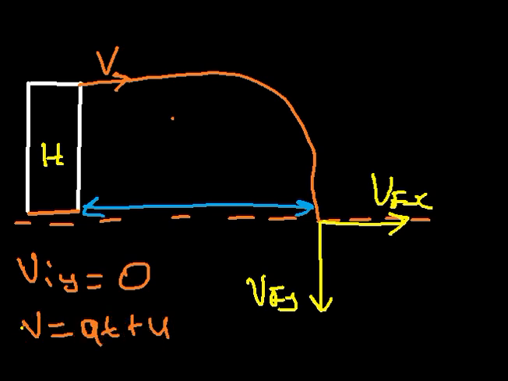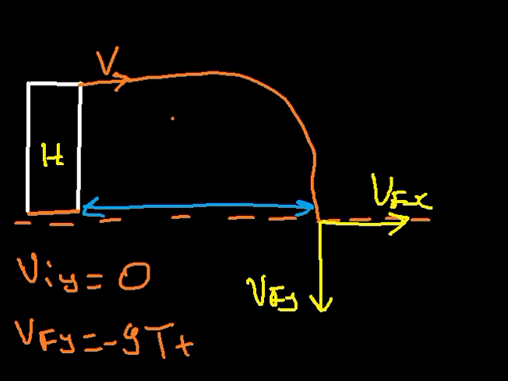Having that, you can incorporate the concept. So we'll have the final velocity vfy equal to negative g times t total, plus the initial velocity, which will be viy.